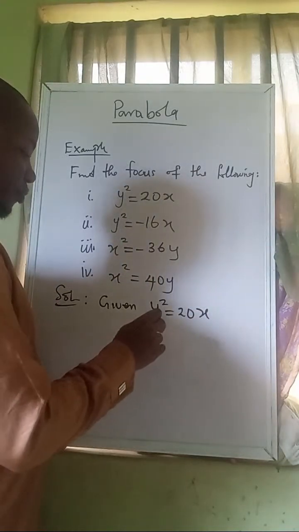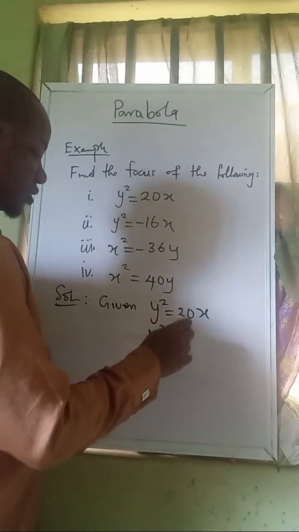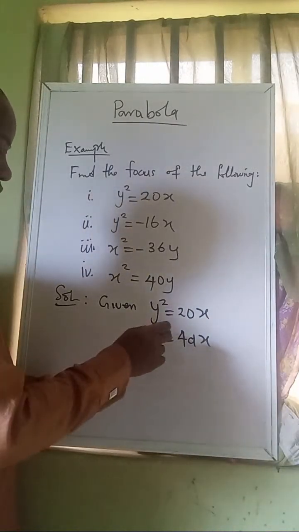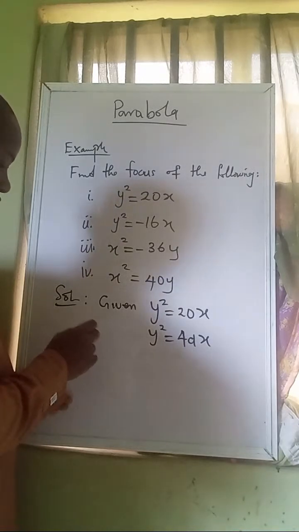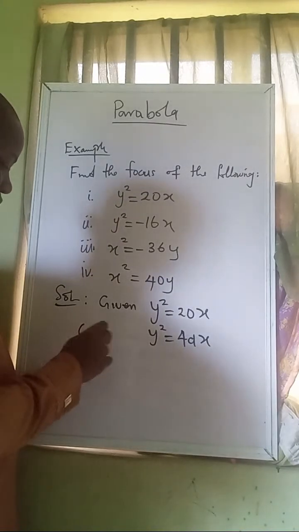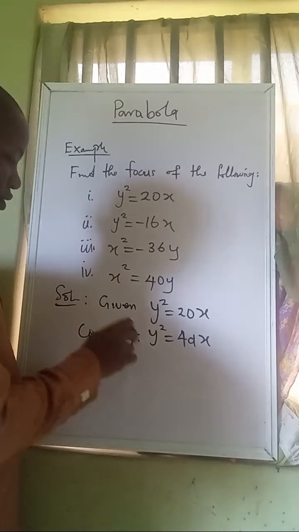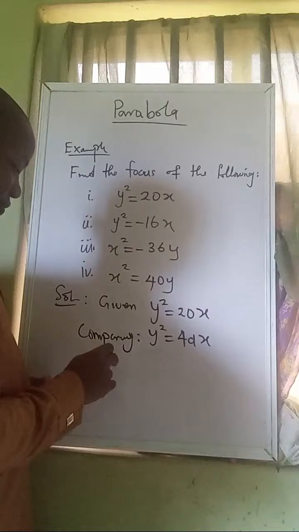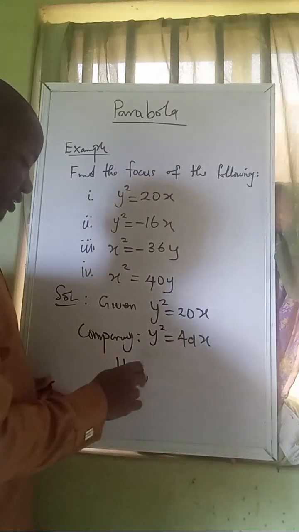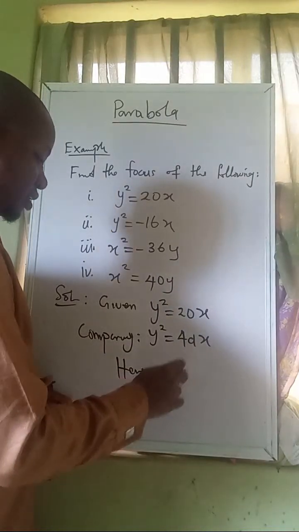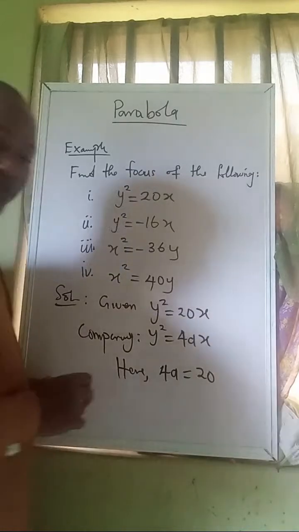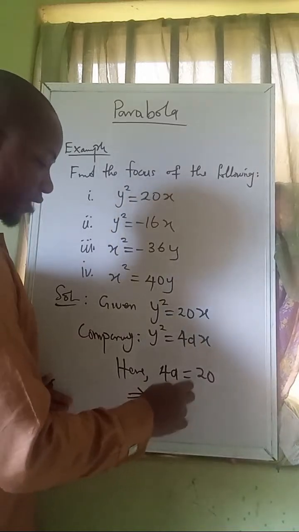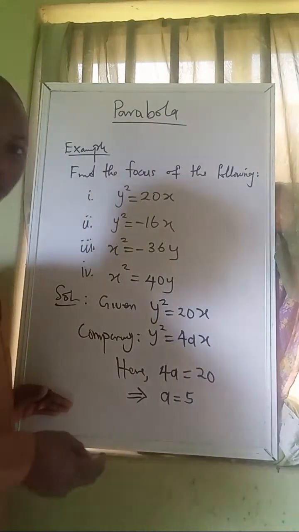When we compare this with this, by comparison, we see that 4a is equal to 20, and this implies a equal 5, by dividing both sides by the coefficient of a.